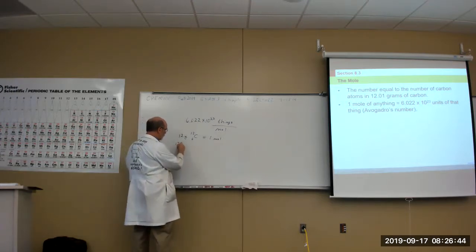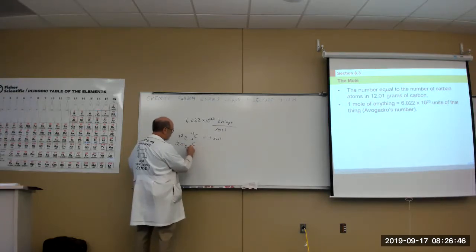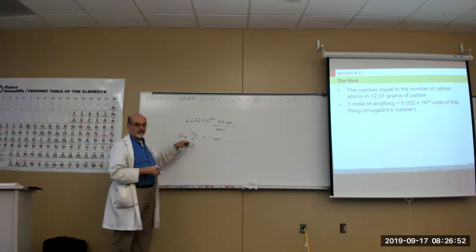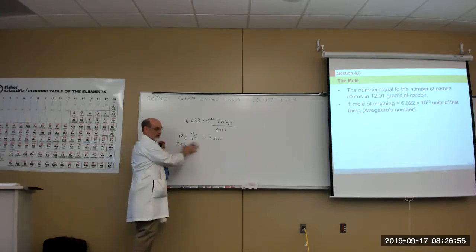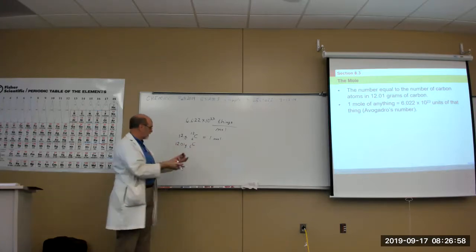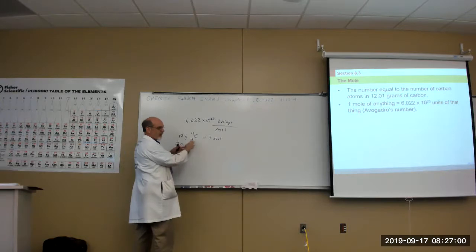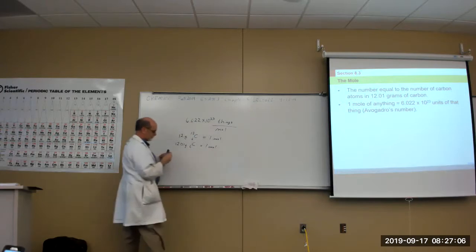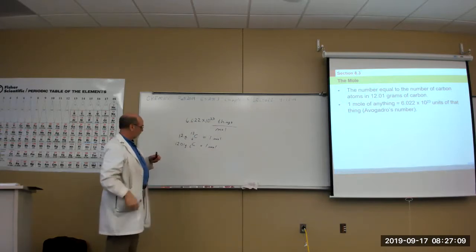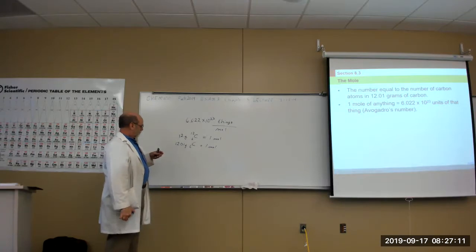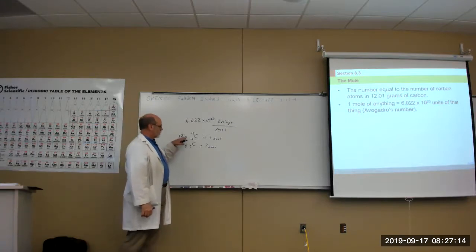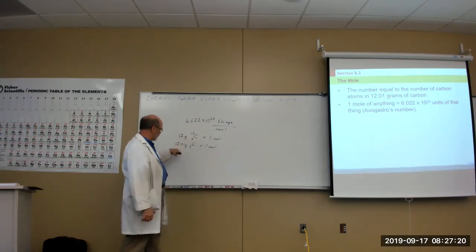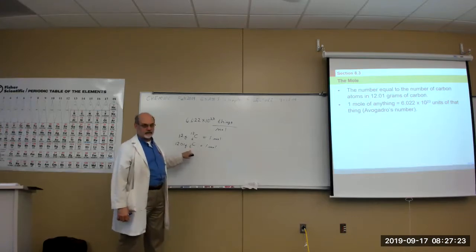But 12.01 grams of naturally occurring carbon, I did put a number here because it's an average of everything that's available in nature. 12 grams of any type of carbon isotope is equal to 1 mole. Okay? So this is the standard, and this value is determined based upon that mass of this isotope or that mass of this collection of isotopes, either one.